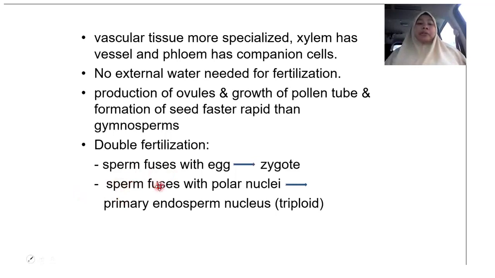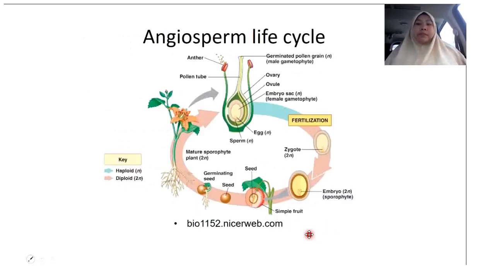One sperm fuses with the egg, forming the zygote, and another sperm fuses with the polar nuclei within the embryo sac and produces endosperm, which has a 3N chromosome number, which we call triploid.